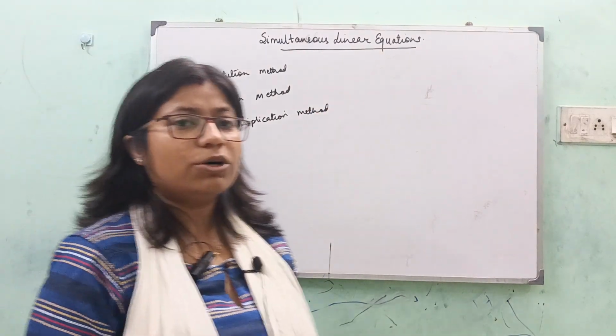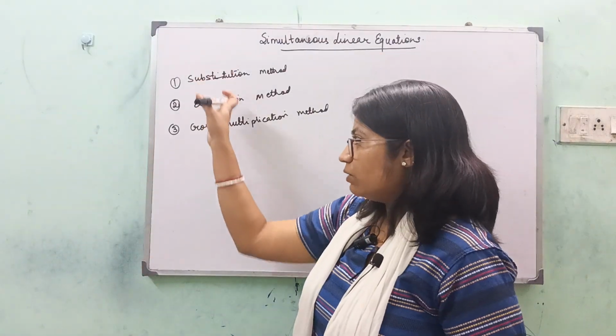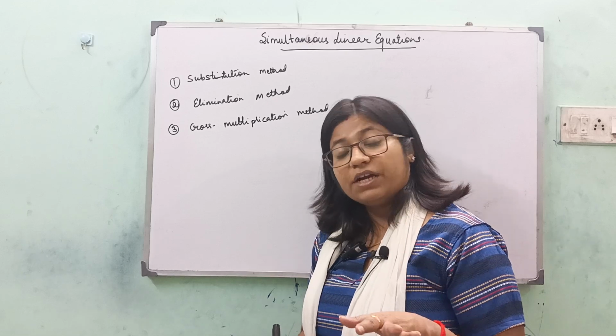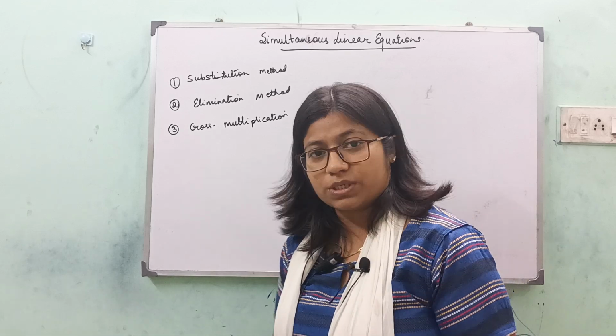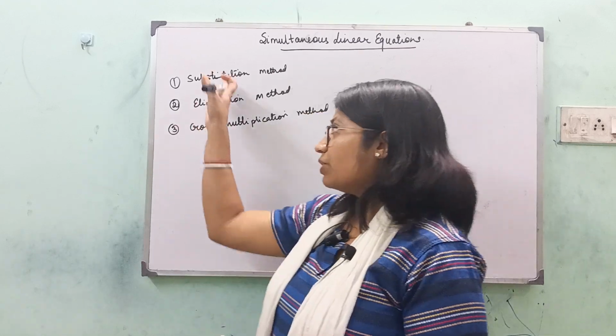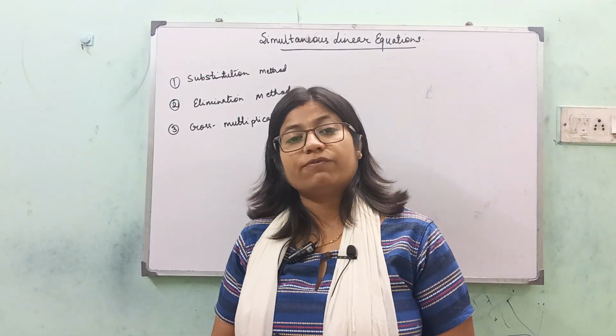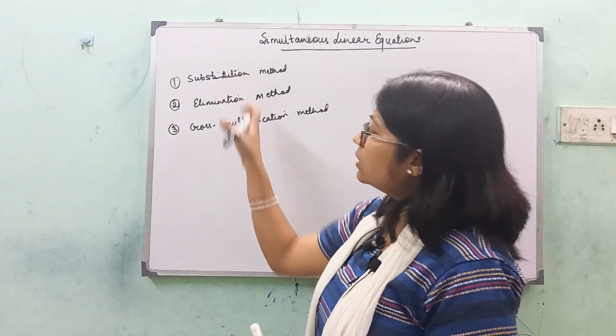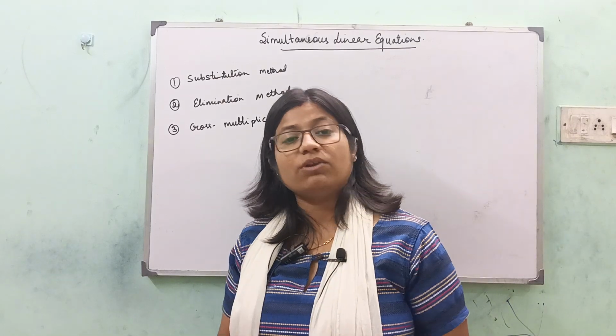For a system of simultaneous linear equations, you can use any one of the three methods to solve the equations. Irrespective of the method that you are using, you will get the same answer. Okay, now all the three methods will be discussed. I will explain all the three methods.